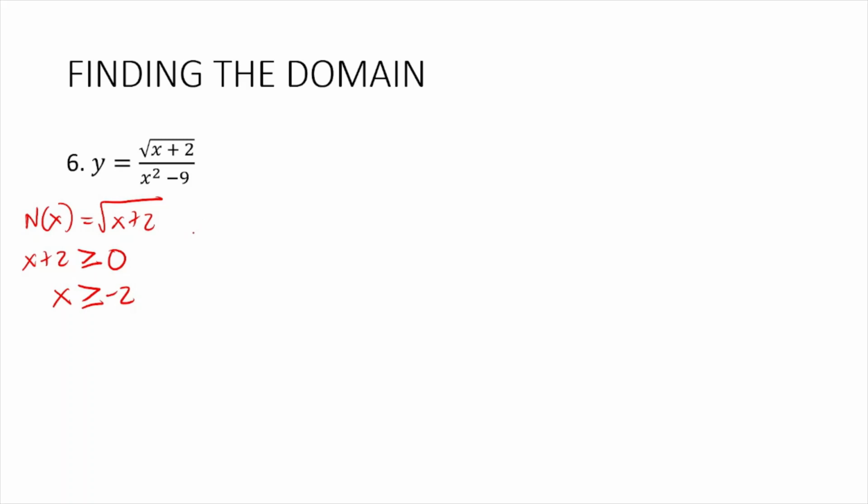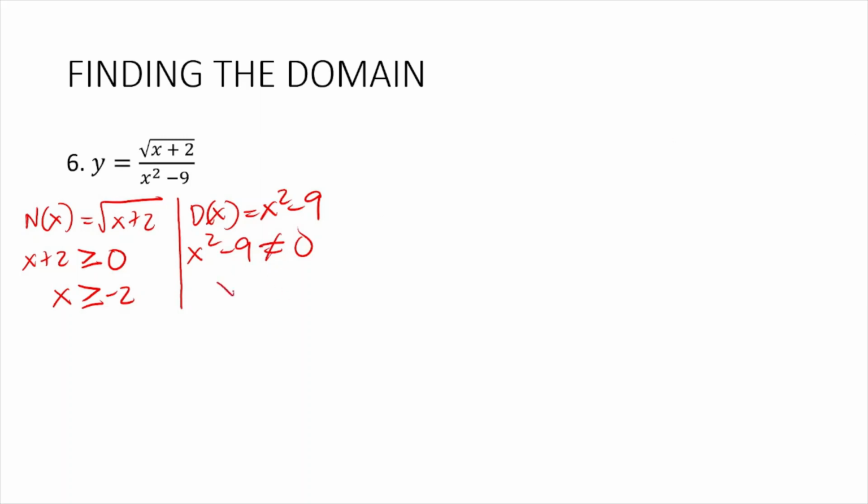Let's move to the denominator. The denominator in this case is x squared minus 9. We don't want the denominator to be 0, so we say x squared minus 9 must not be equal to 0. Then we solve for x.